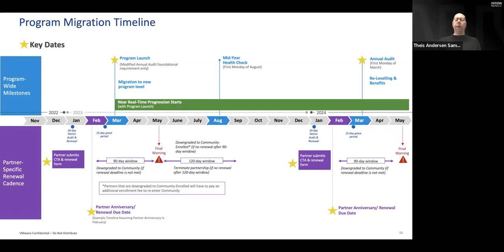But once you're up there and you're maintaining your partner status, then you wouldn't be subject to the annual partner fee. So at least that's what we have heard until now. This is also what we can relay to you. But more on that when we get closer to the deadline and to the change of the new partner program.